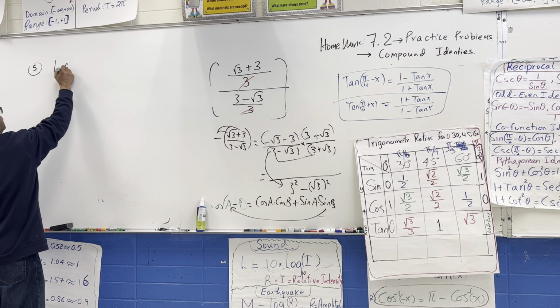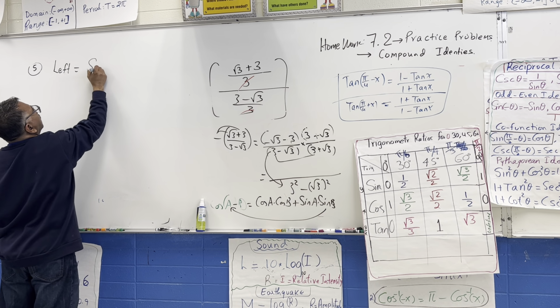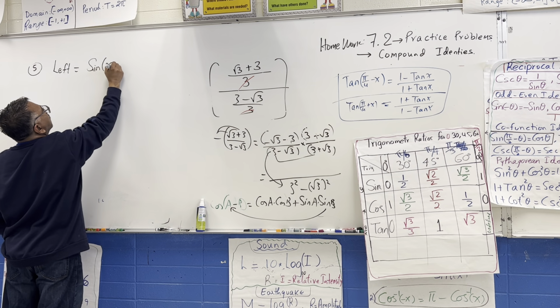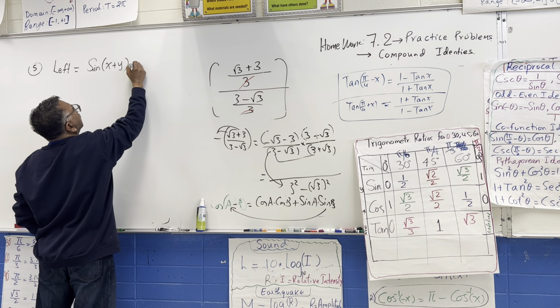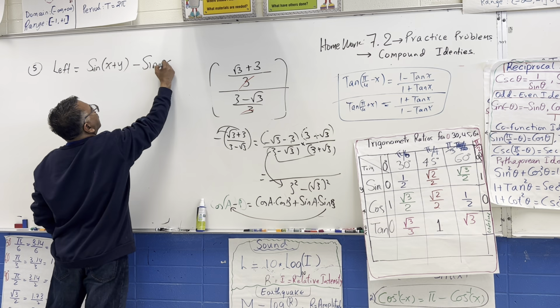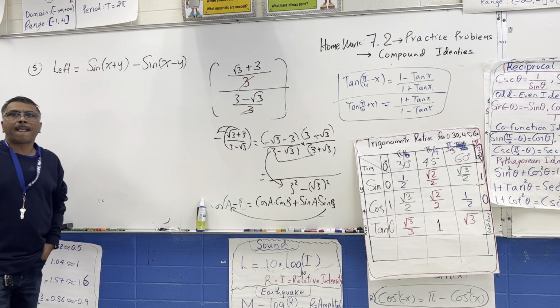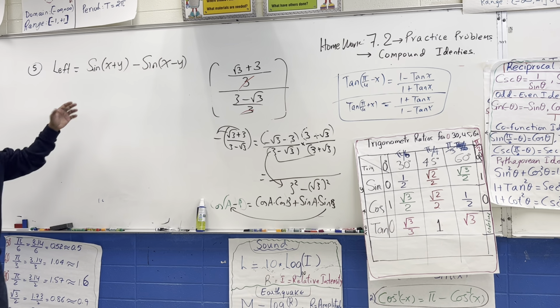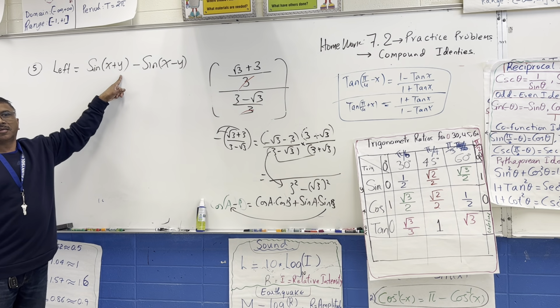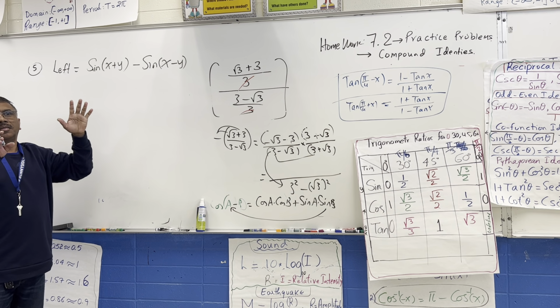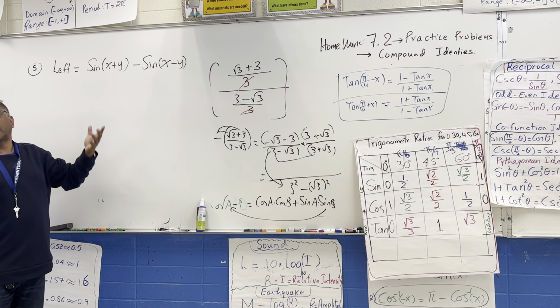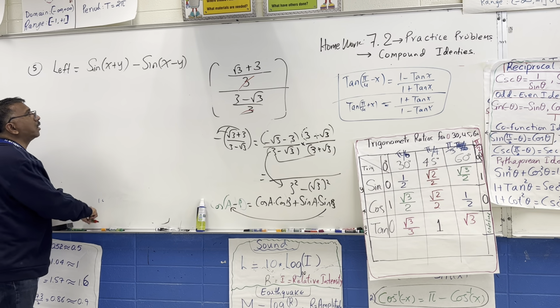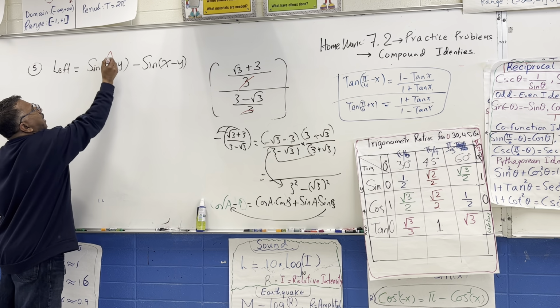Sine of x plus y, and then minus sin x minus y. You already know what sine x plus y is, right? Instead of A, B, what did they give us? X, Y. So think of this as A, correct?